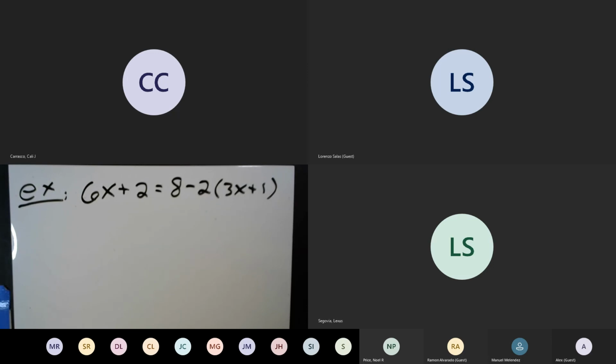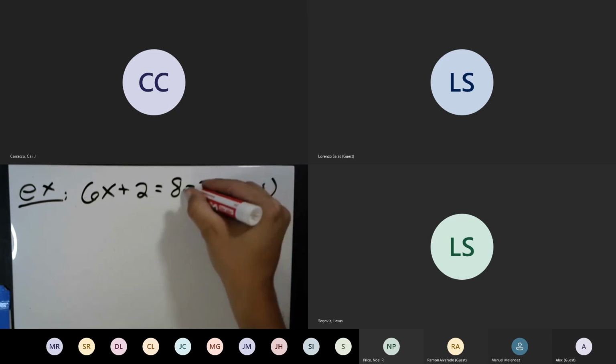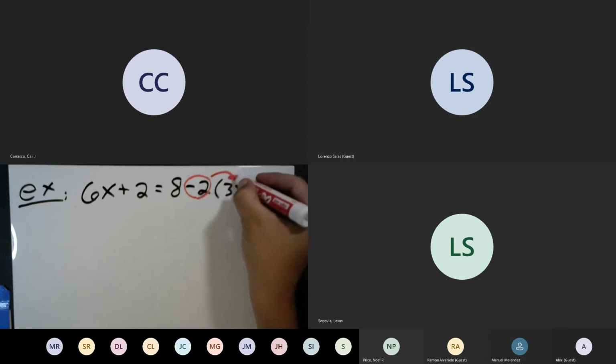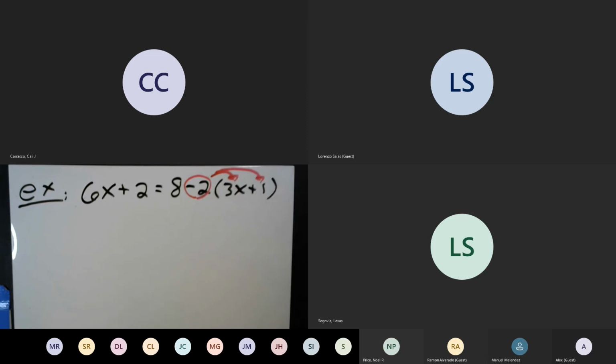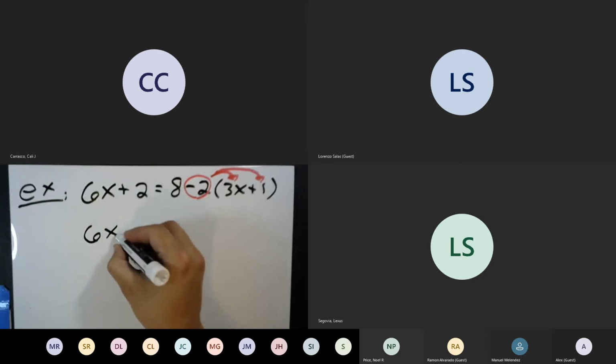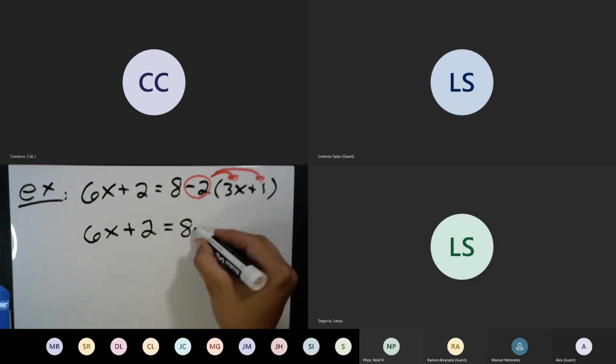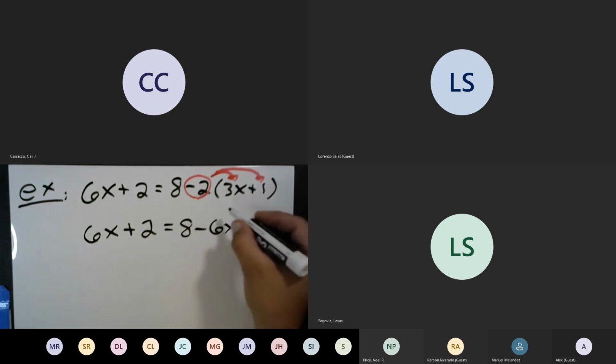Now, in this case, we're distributing the entire thing, the -2. We're going to distribute the sign as well. So this whole thing will be distributed. So we'll get 6x plus 2 is 8 minus 6x minus 2 times 1 is -2.